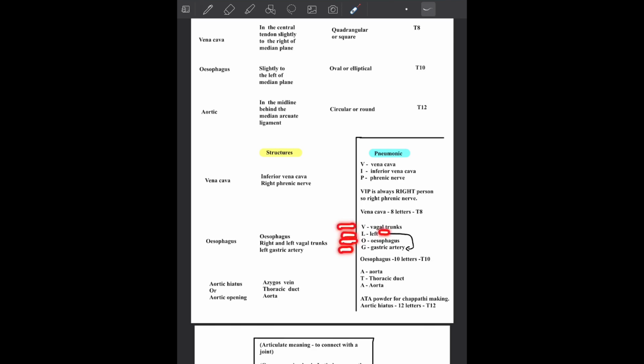So this L, left, joins gastric artery, so left gastric artery. The word esophagus contains 10 letters, so it is located at the vertebral level T10.